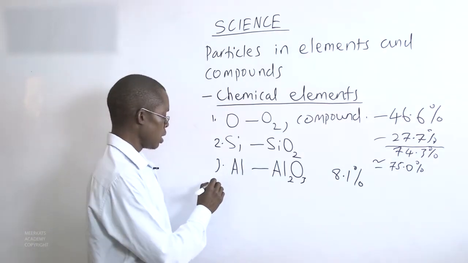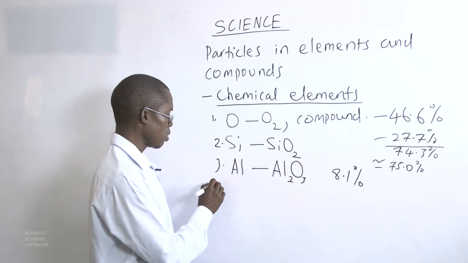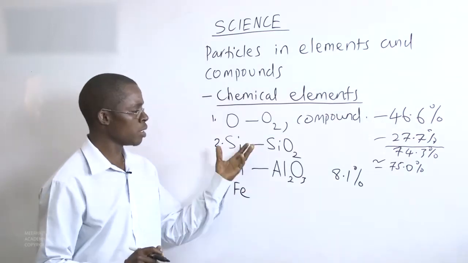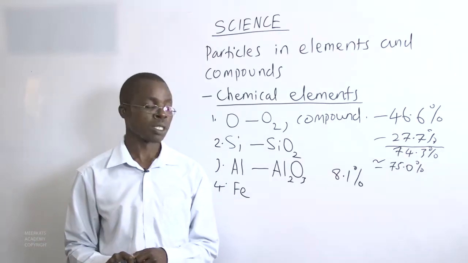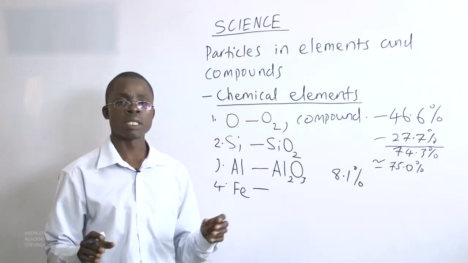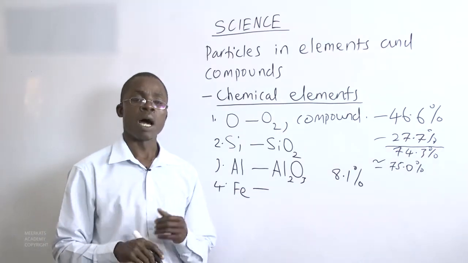The second metal, but the fourth element, is iron, which also exists in most cases as a compound, an oxide.